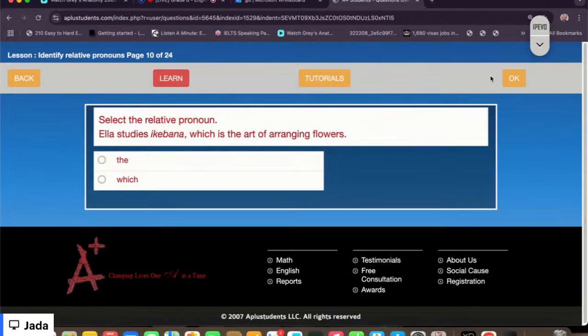Ella studies ikebana, which is the art of arranging flowers.